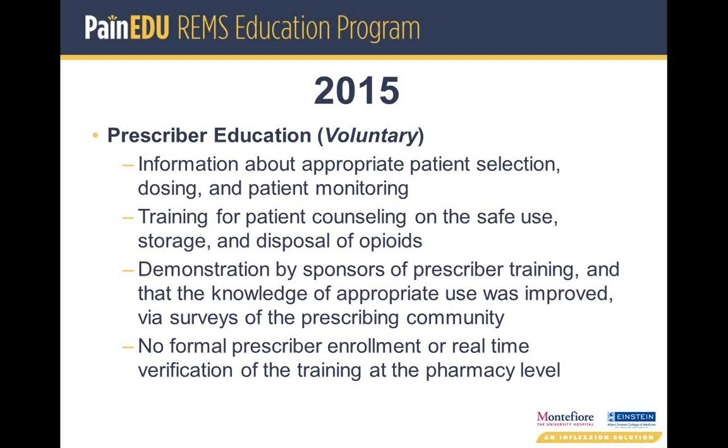So basically, the pharmaceutical manufacturers of this class of drugs need to report back to the FDA that this education is taking place and that it's effective. And additionally, as I mentioned earlier, that there's no formal enrollment or real-time verification.